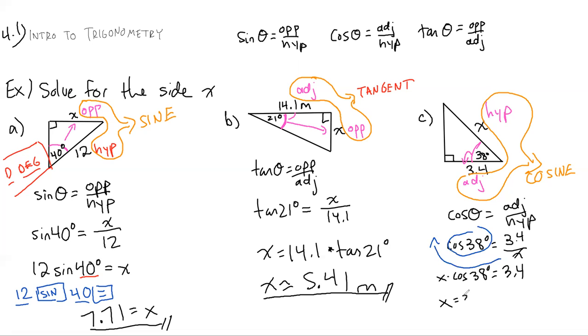So x is 3.4 divided by cos of 38. Plug it in, and I get 4.31. It should make sense that it's bigger than the 3.4 because it is the hypotenuse. That should be the biggest side. So this is how we can solve for any of those unknown sides. That last one is as hard as the math will get for these.